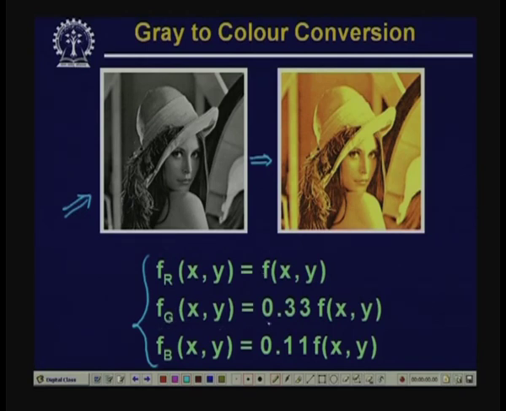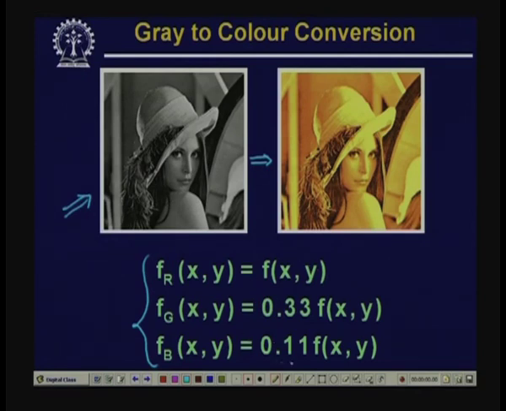That means, whatever is the black and white intensity image, that is simply copied to the red plane. The green plane, f_g(x,y), is generated by 0.33 f(x,y). That means, the intensity value at any location in the original black and white image is divided by 3, and whatever value we get is copied to the corresponding location in the green plane. Similarly, f_b(x,y), the blue plane, is generated by multiplying the intensity image by 0.11, or dividing the intensity image by 9.